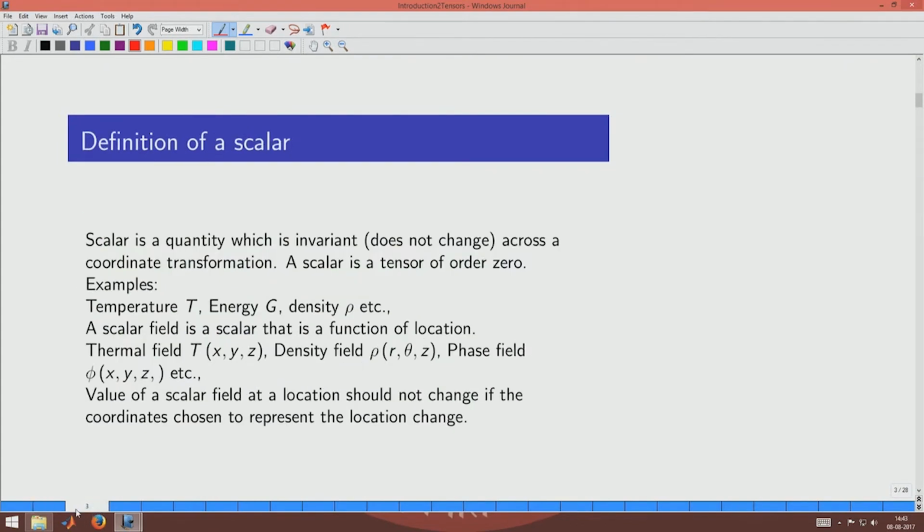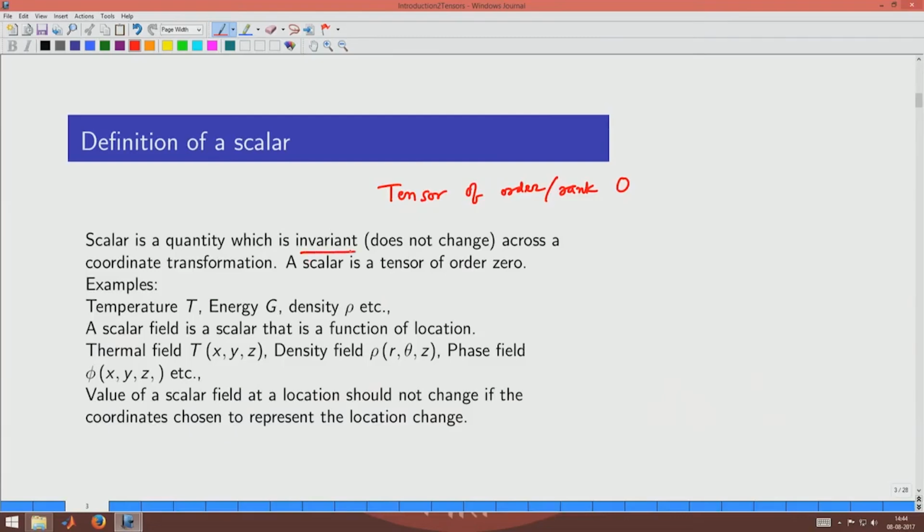So, we start off with the tensors of different orders. We talk about the 0th order first. A scalar is the tensor of order or rank 0. It is not common to use the word tensor when we are talking about scalars, though it is technically correct to say it is a tensor of order 0, but people do not use the word tensor mainly because the scalar conveys the same thing anyway.